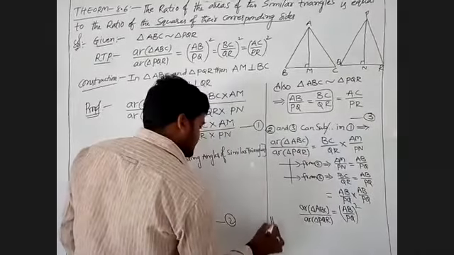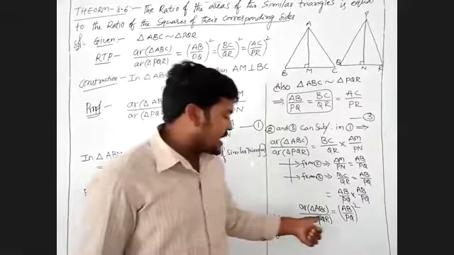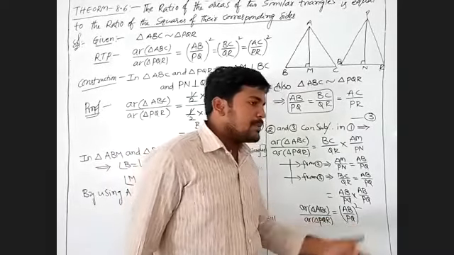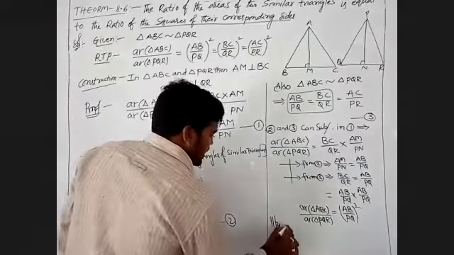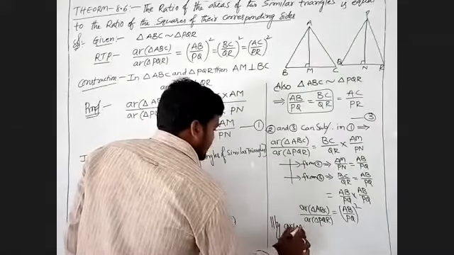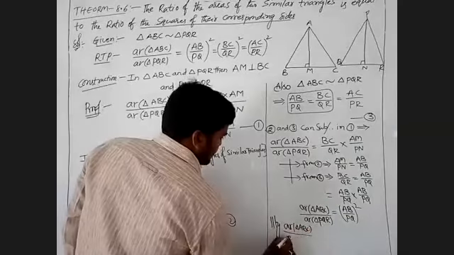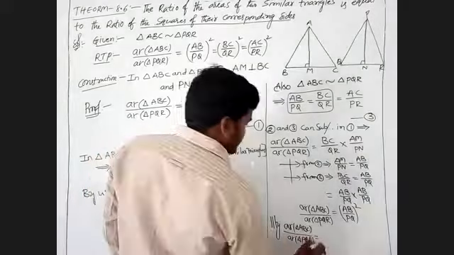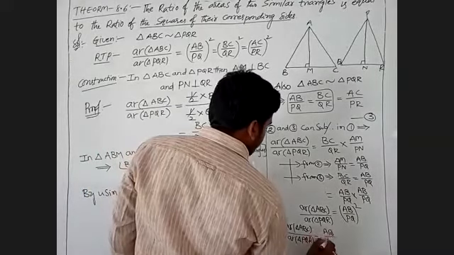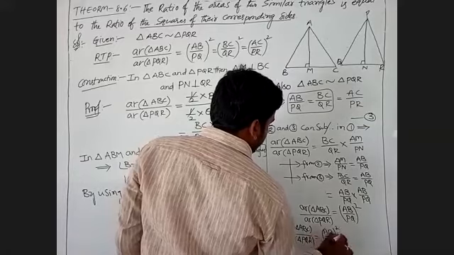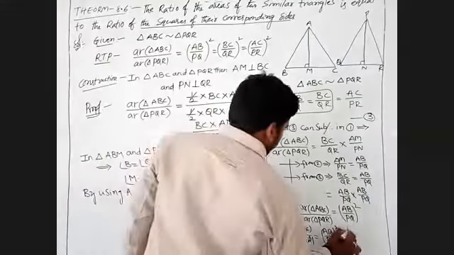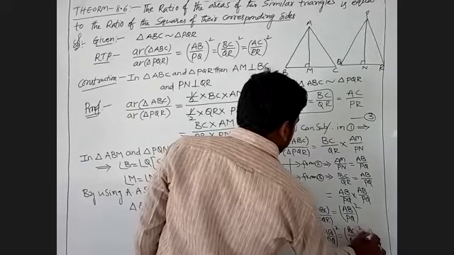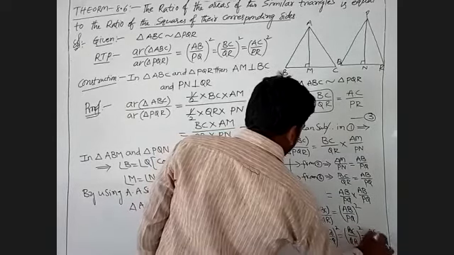Similarly, area of triangle ABC by area of triangle PQR is nothing but the corresponding sides whole square: AB by PQ whole square is equal to BC by QR whole square, which is nothing but AC by PR whole square.